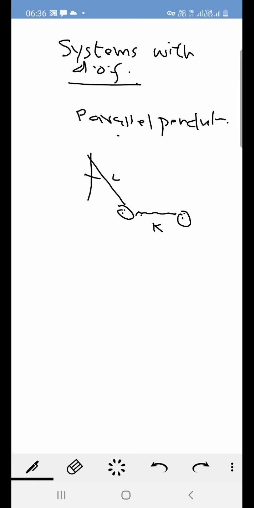In this case it will have L, omega, theta, whatever, this K, and this is M1, this is M2. Say others are the same, so M and M. So in this case the normal frequency will be G by L plus 2K by M.